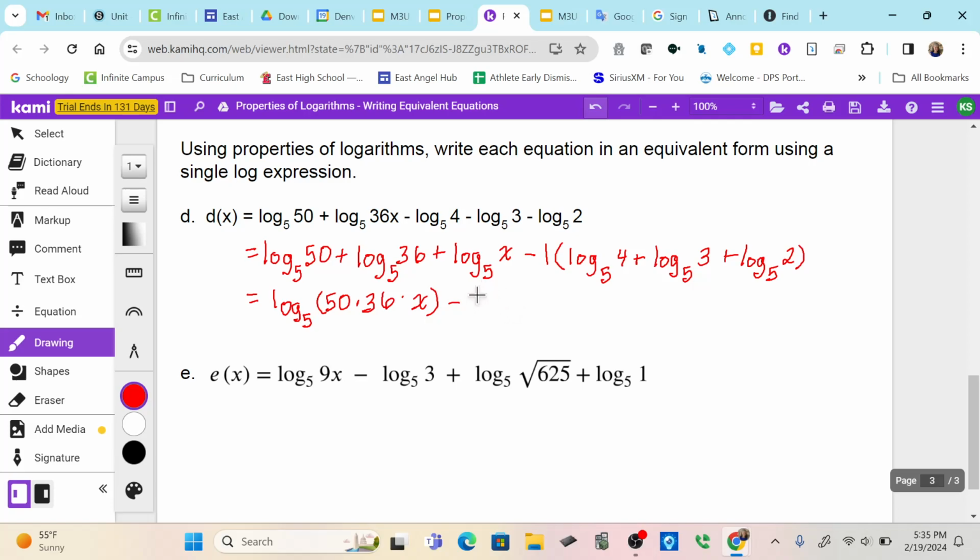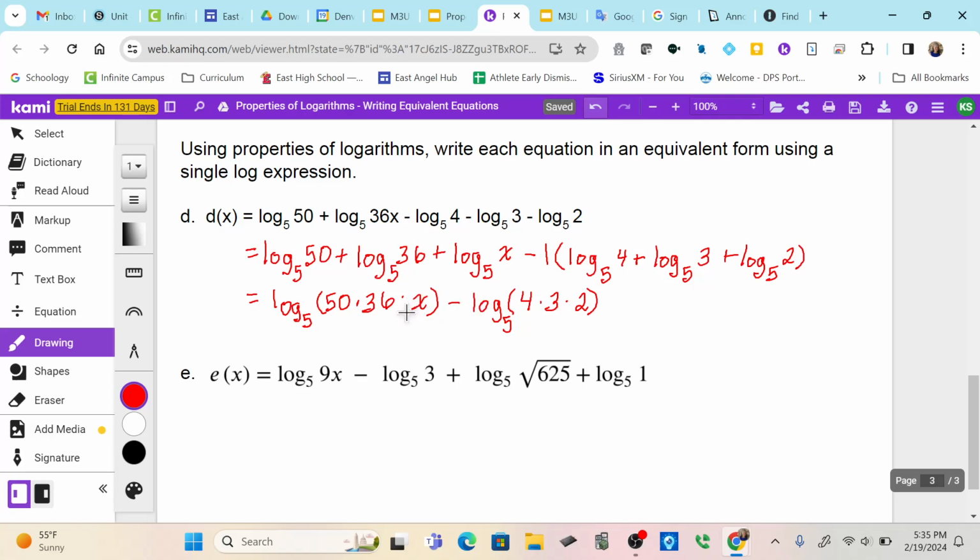subtract log base 5 of 4 times 3 times 2. Oops, that's log base 5, excuse me. Got to keep that base.